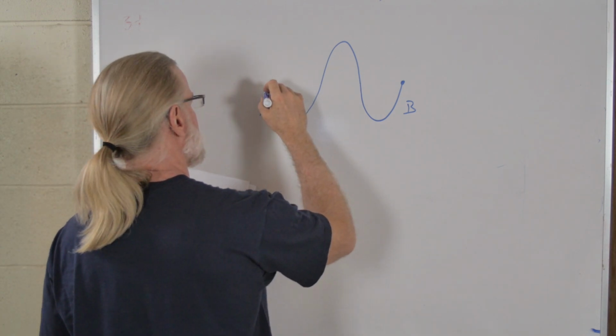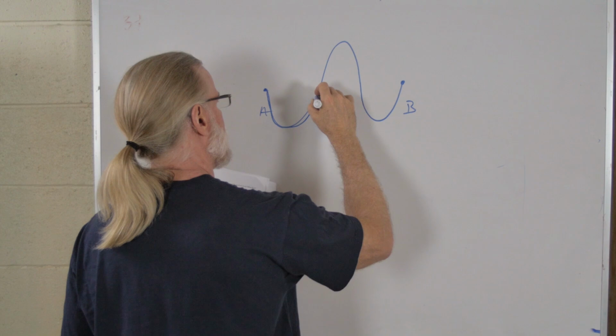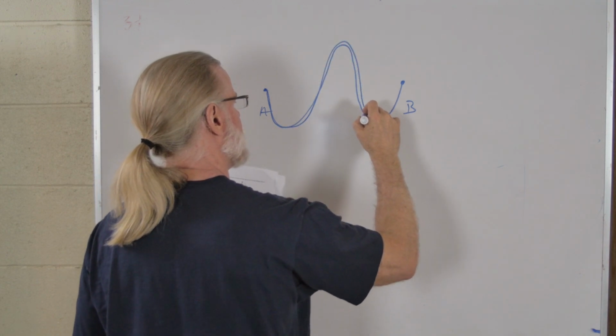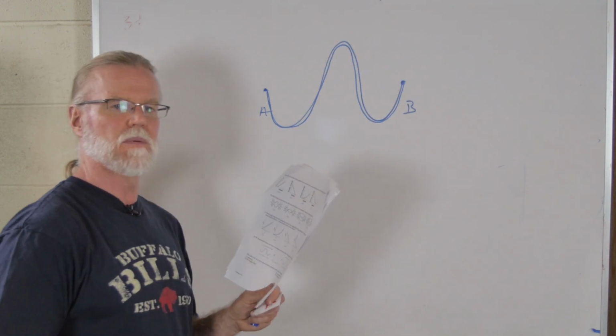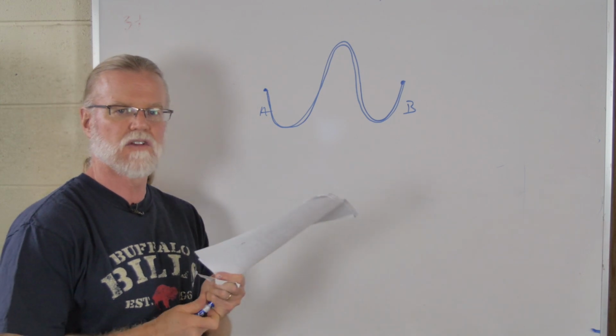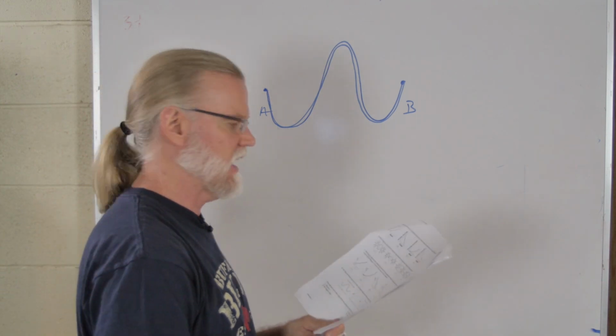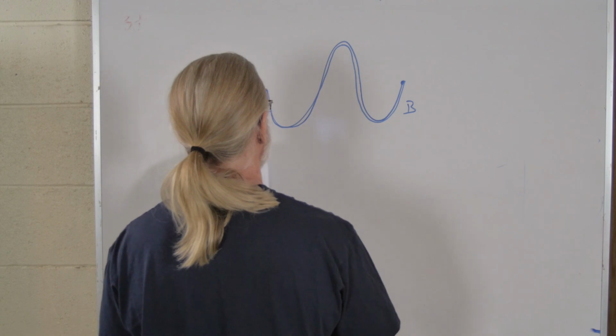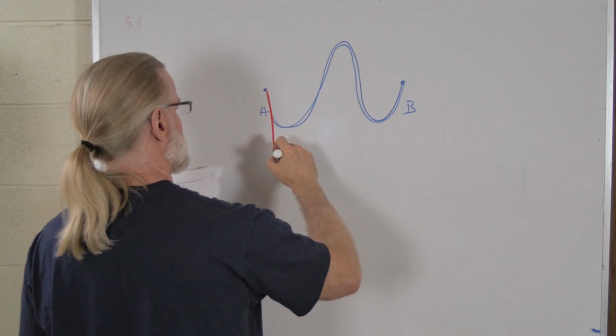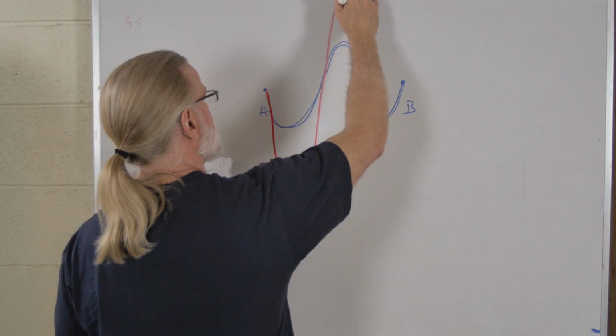The other one is also going to be there. And the principle of superposition says when two waves are in the same place at the same time, they add up algebraically.